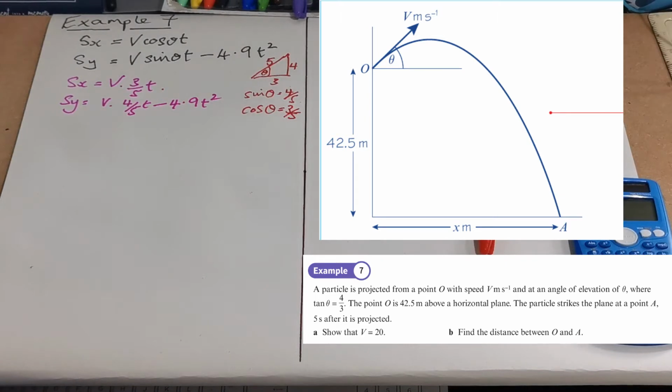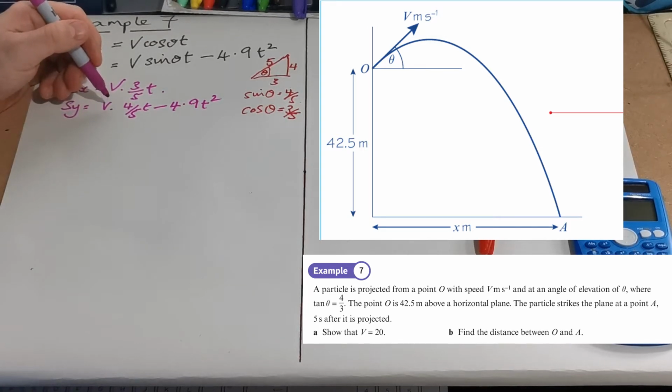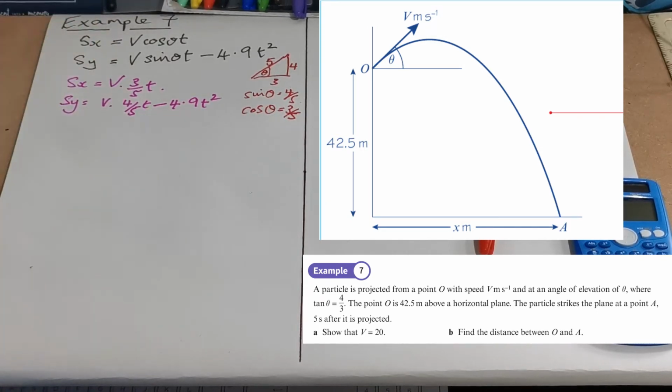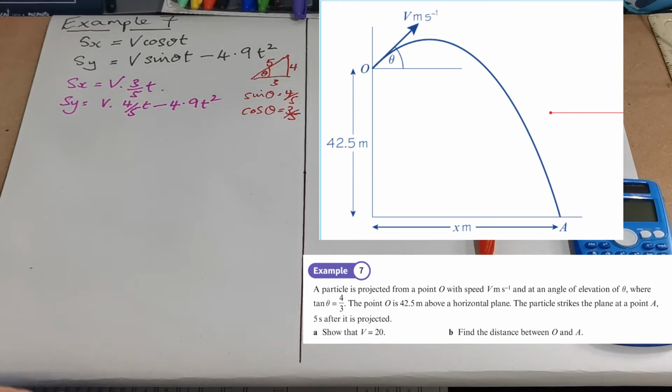So we want to know what v is. Now, we know that t is 5 when it hits the floor from the question, and we also know that this has gone down by 42.5 meters.